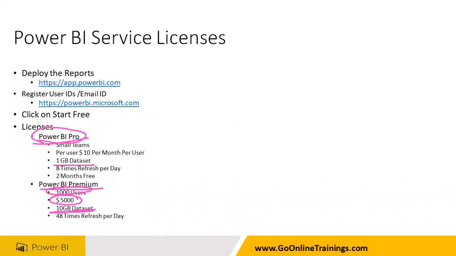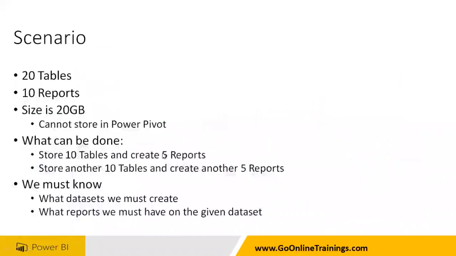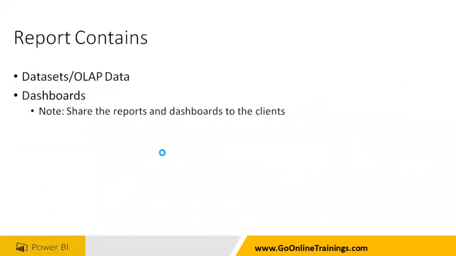But when you go for Power BI Premium, you have to keep these points in mind. When you have large teams in your company, you need to go for Power BI Premium. 10 GB of data maximum you can store. The Pro license is only going to give you 1 GB of data. That is what you have to understand.